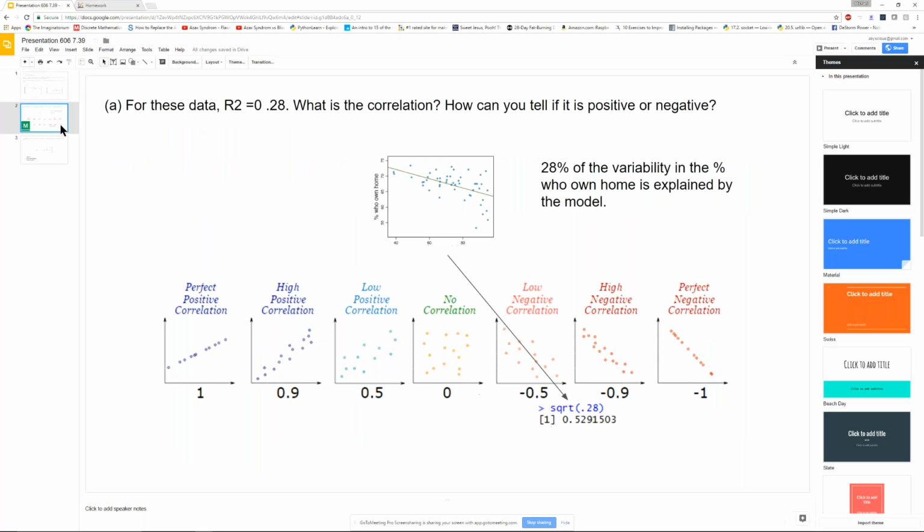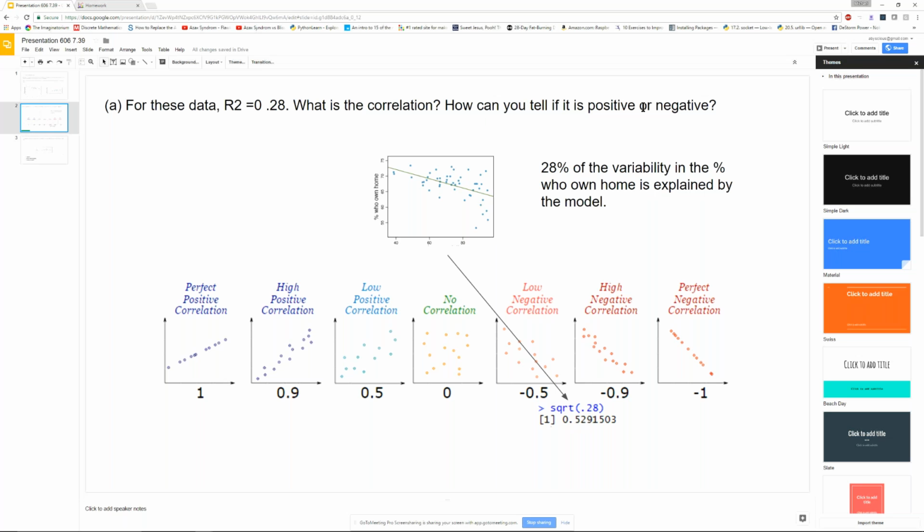A, for these data, R squared equals 0.28. What is the correlation? How can you tell if it's positive or negative? So I made a little graph here of a bunch of graphs. We have this line going down. I'm not sure if you see my cursor, but this one goes down, fitting our correlation to 0.52, which is between low negative correlation and high negative correlation.